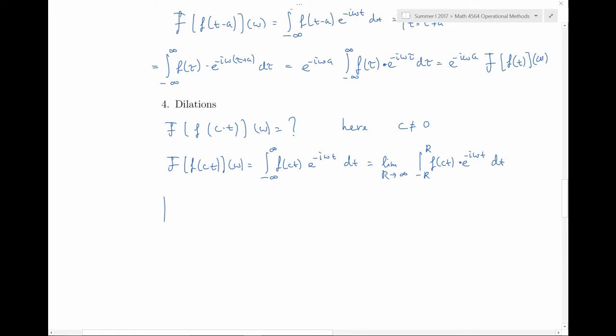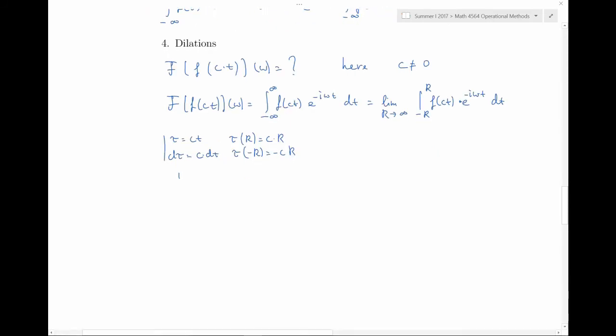I'm going to say that the variable tau is ct, therefore d tau is c times dt, and tau of capital R is just c times R, and tau of minus R is minus cR. And this is where things are becoming interesting. If c is positive, then there is no switch in the limits of integration that we will have to do later. If c is negative, we'll have to make a switch. So let's go ahead and break it into two cases.